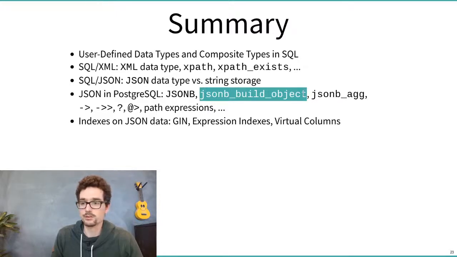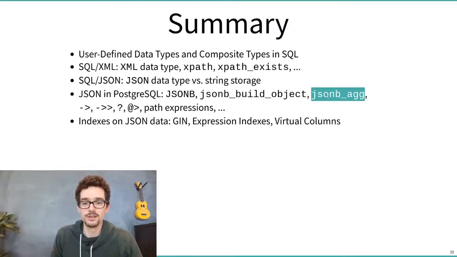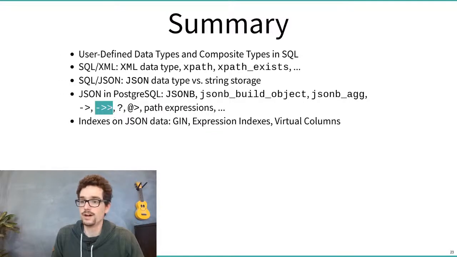build object, which builds an object, and we have an aggregation function that collects everything in a new JSON array. This was the JSON B aggregate. We had different operators for accessing a field and then again having a JSON, or accessing the value within a field as a varchar, as a text.